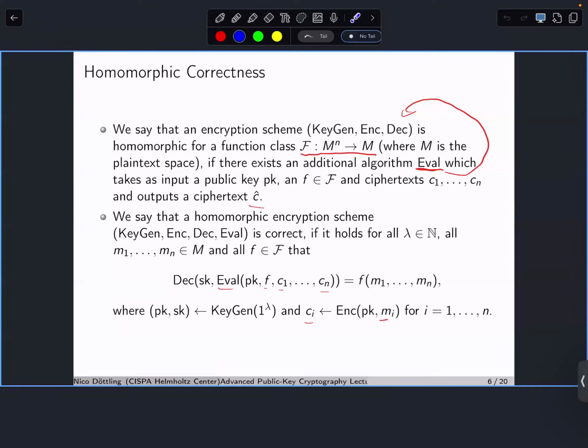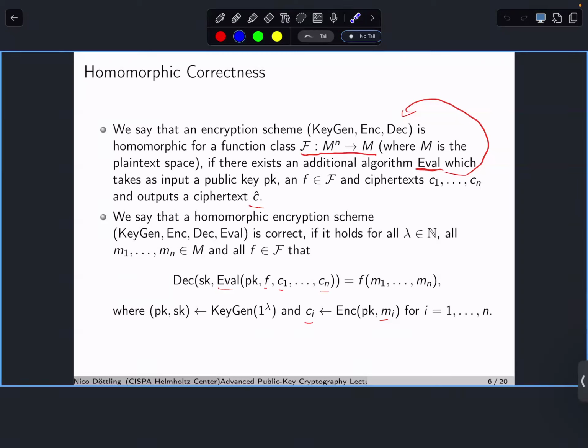The only aspect in which homomorphic encryption differs from non-homomorphic encryption is the presence of a homomorphic evaluation algorithm, Eval. What we're asking for now is just an augmented correctness definition. Security for homomorphic encryption is still the same, CPA security.